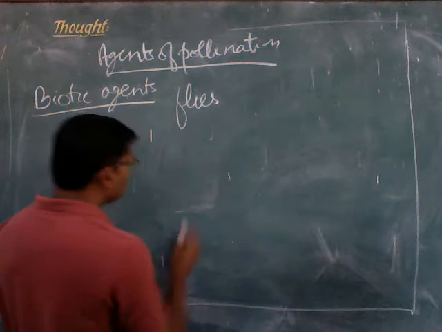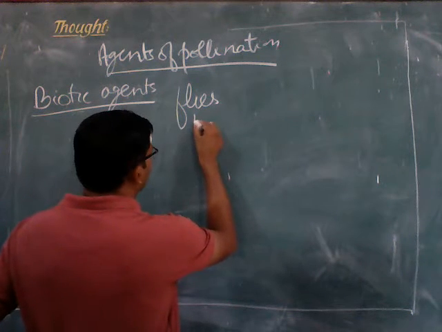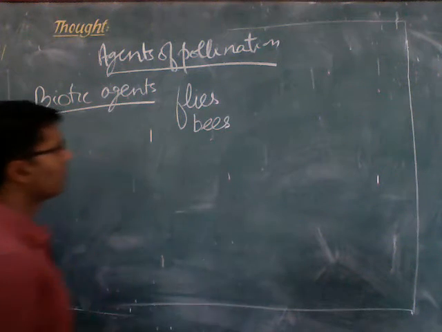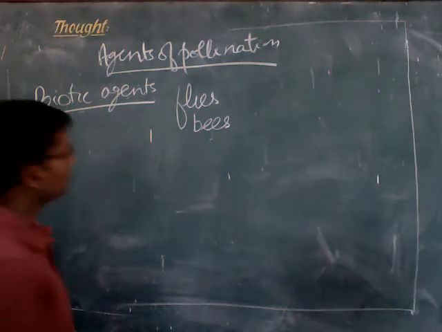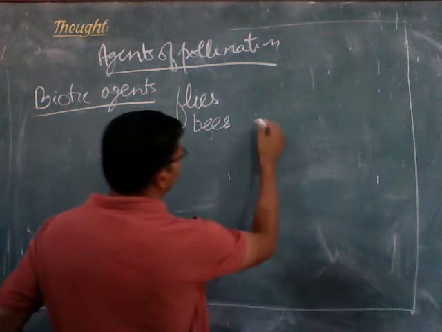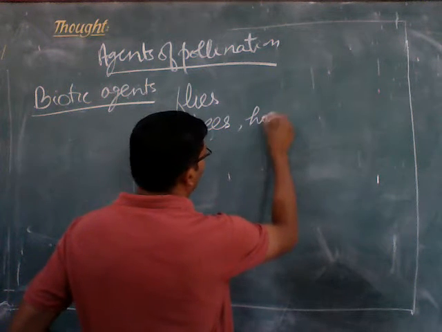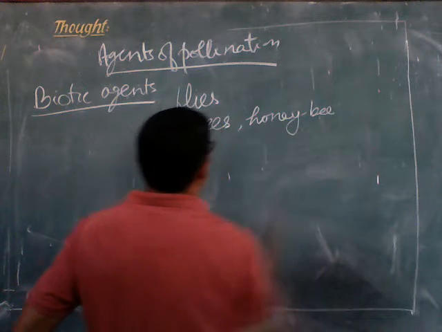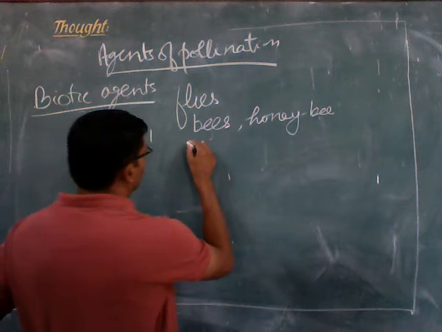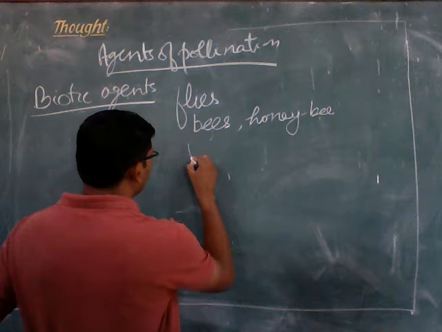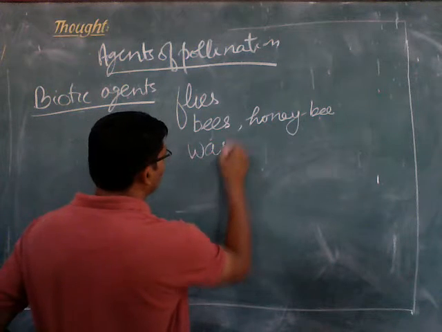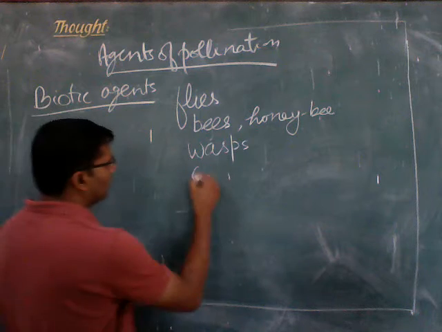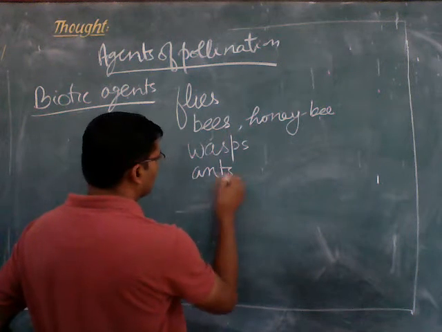There are many bees, like honeybee or some other kind of bee. They will help in the pollination. Then there are many wasps, right? Ants also help in the pollination.